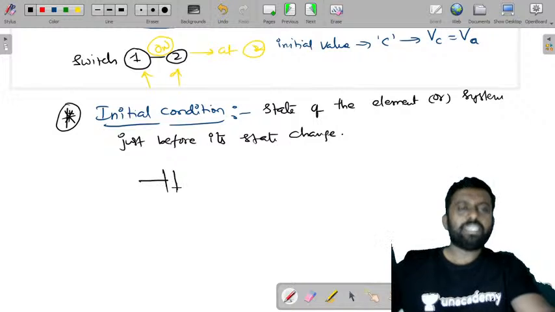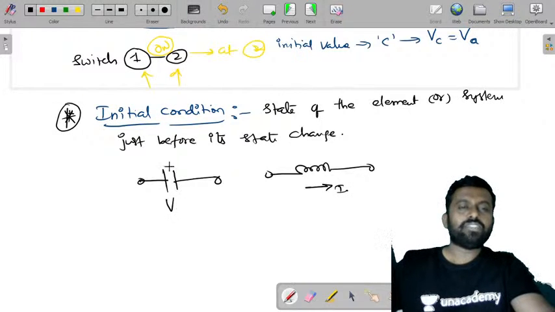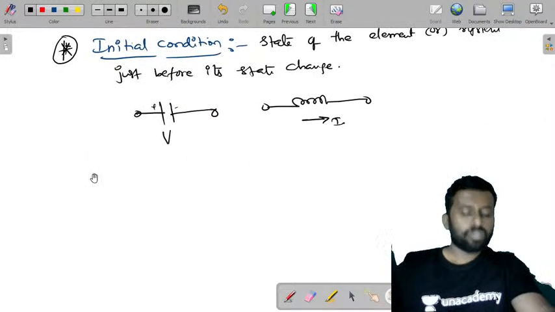So for a capacitor you will have a voltage, and for an inductor you'll have a current flowing through it, and the voltage across a capacitor and current through an inductor are the initial conditions that are to be considered.